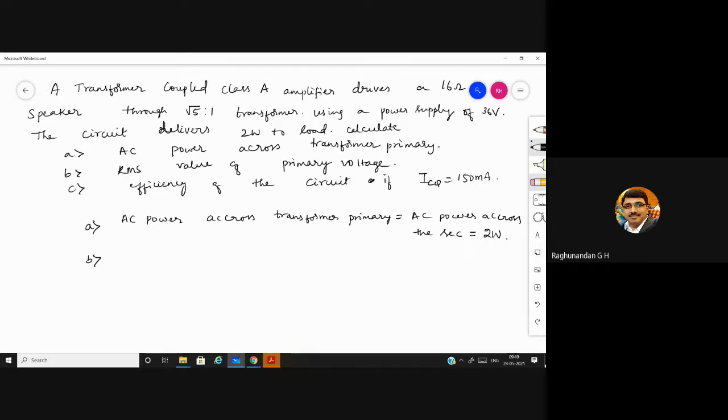In order to find the RMS value of the primary voltage, what is the voltage ratio formula we are having? The voltage and the primary and secondary coil turns ratio. Root 5:1, sir.